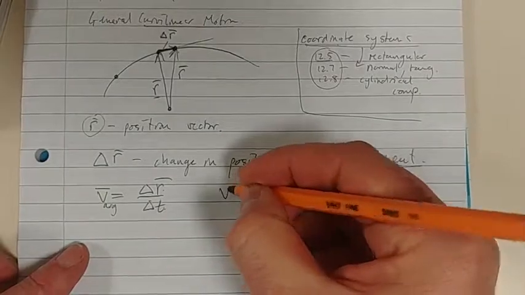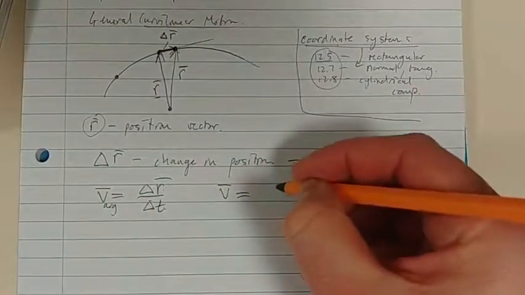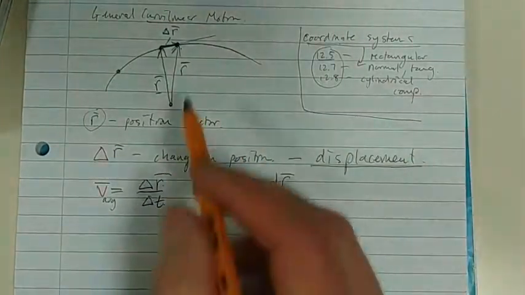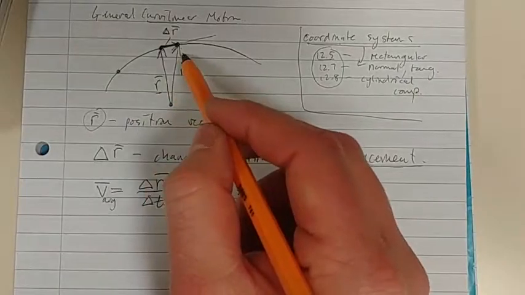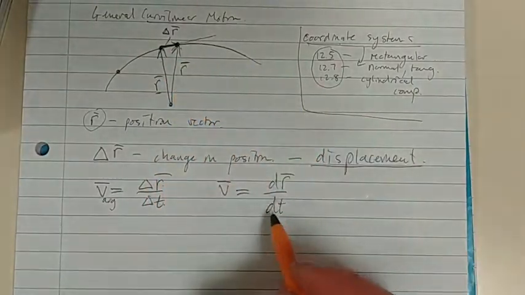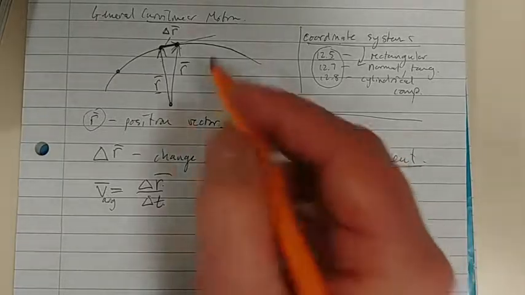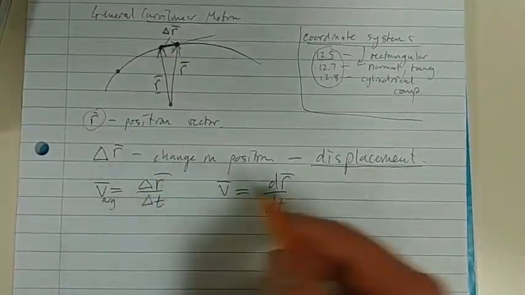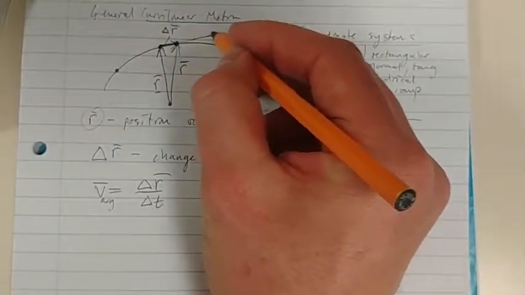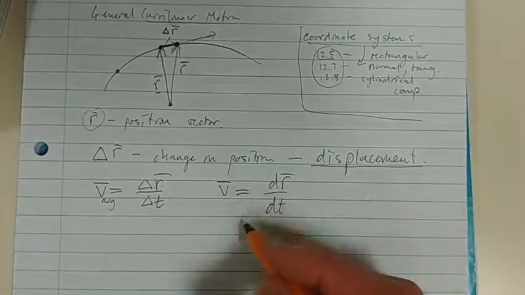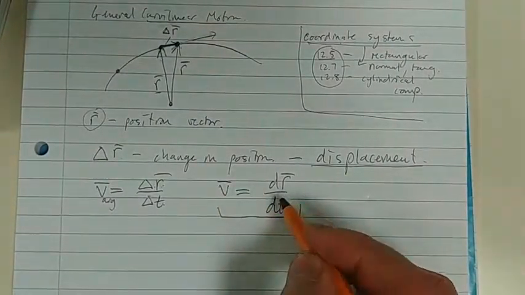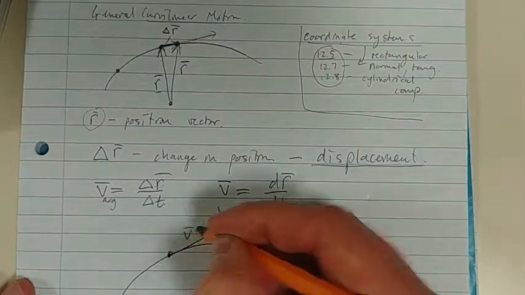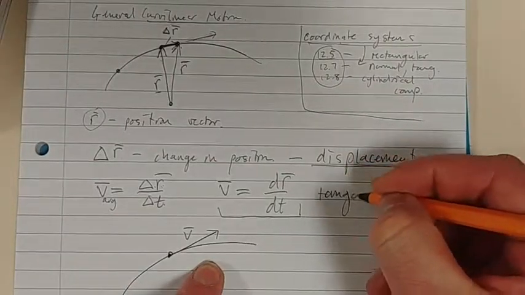And our instantaneous velocity is given by dR/dt. As the time between these two position vectors becomes smaller and smaller, the direction of the vector delta R becomes tangent to the curve. That also shows us that our velocity vector at that point will be tangent to the curve.